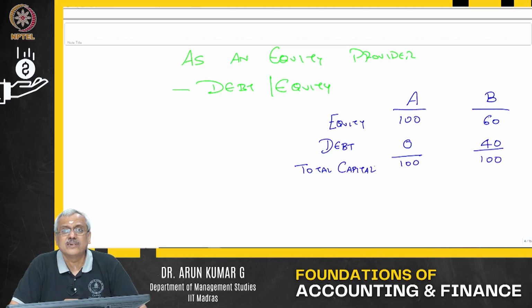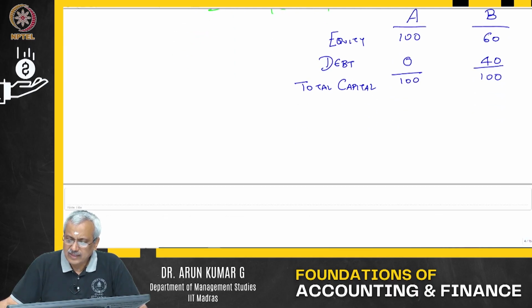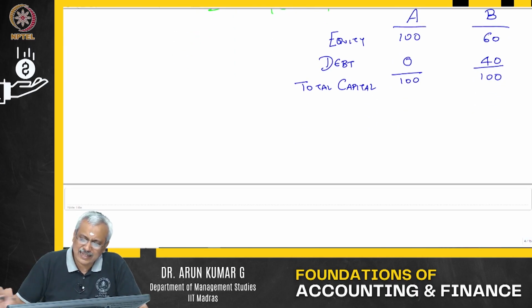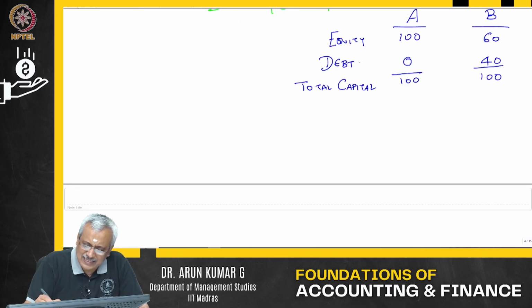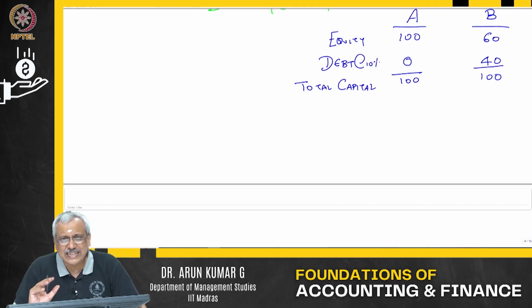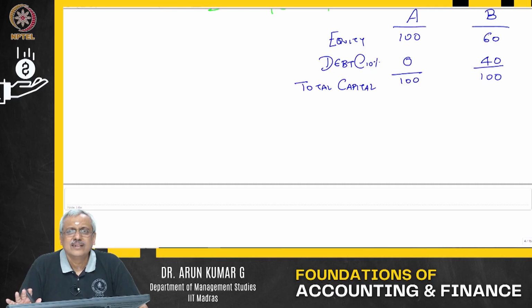Total capital is $100. Now, let us also take it for the time being, this debt is at 10%. I am taking 10% just for ease of multiplication. You can take any number you want, for ease of multiplication I have taken 10.